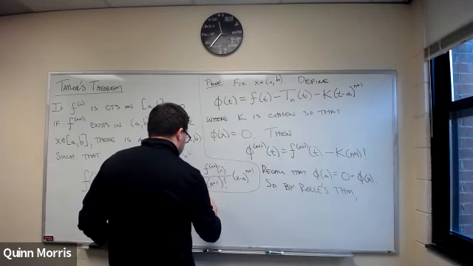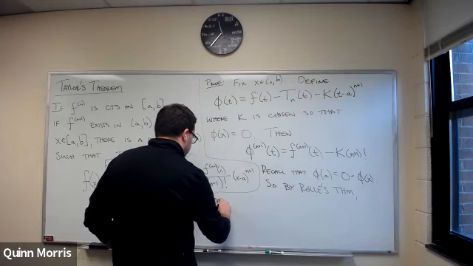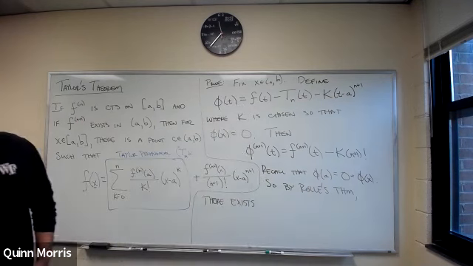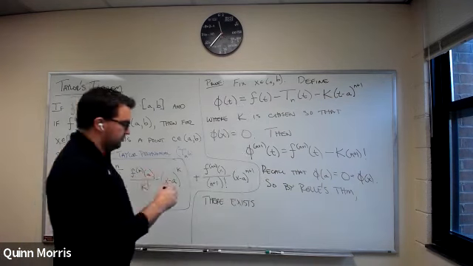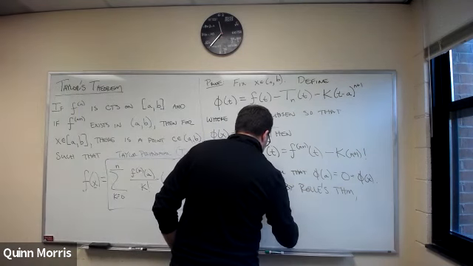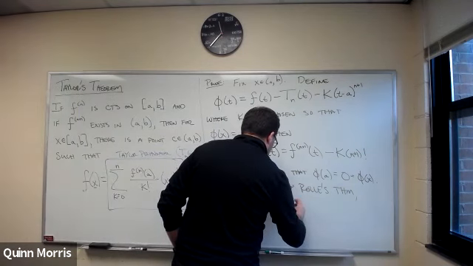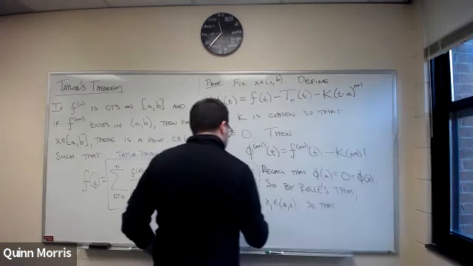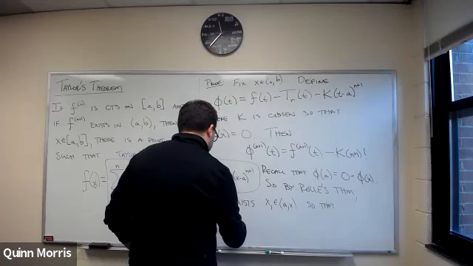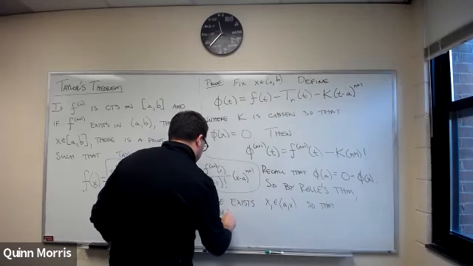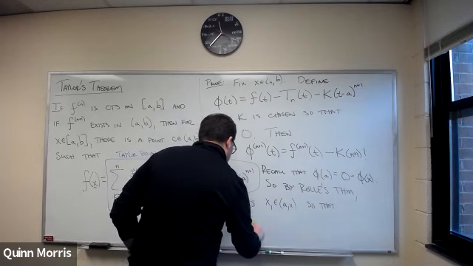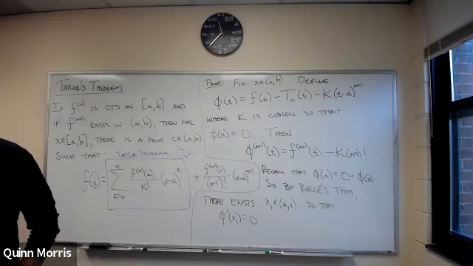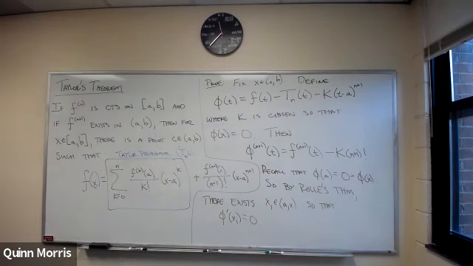There exists, let's call this point x1, there exists x1 in the interval (a, x) so that phi prime of x1 is equal to 0. Maybe it's not immediately clear how that's going to help yet, but let's keep going.